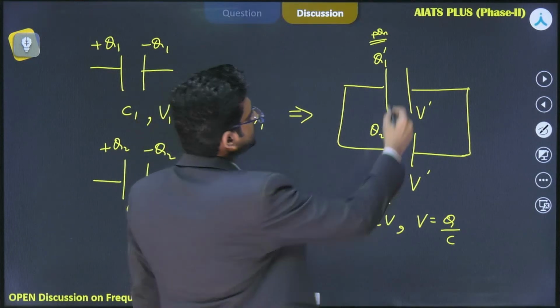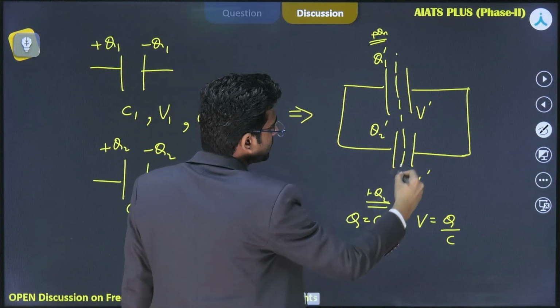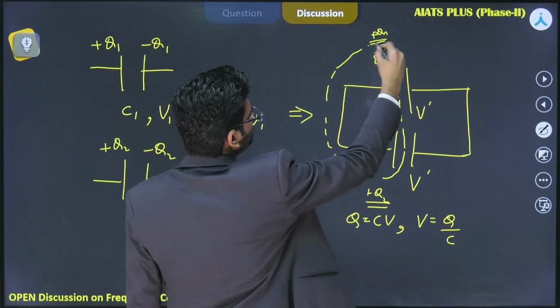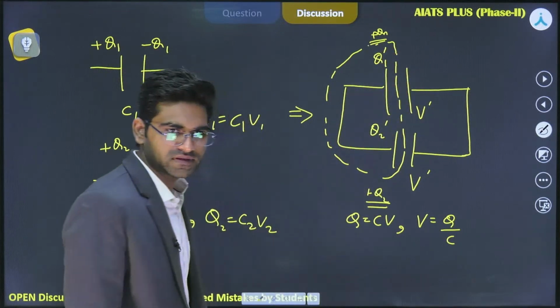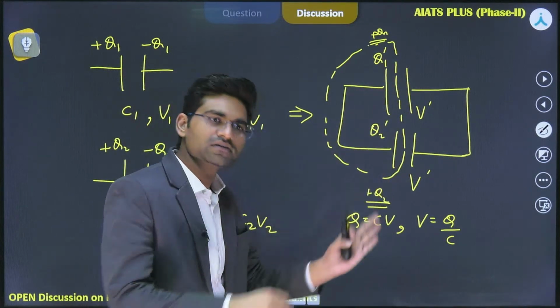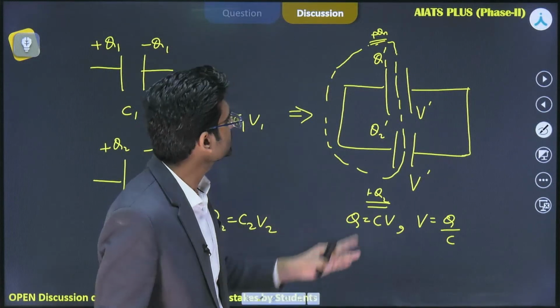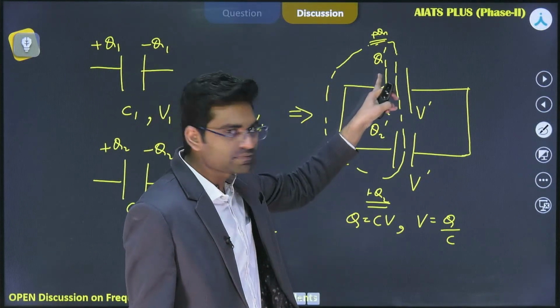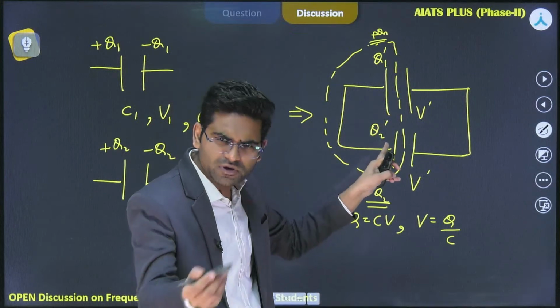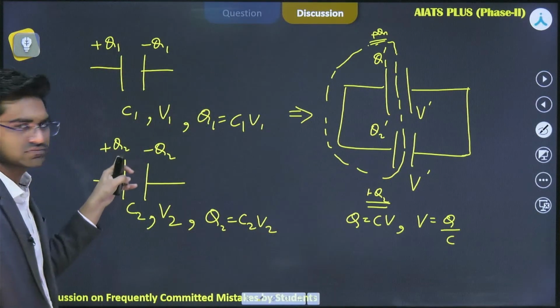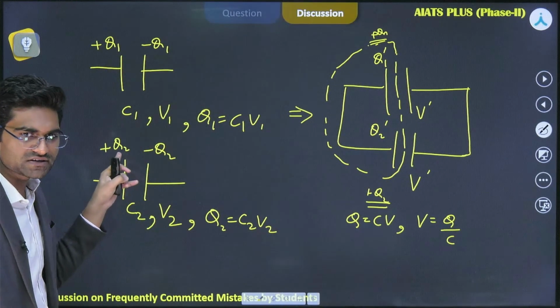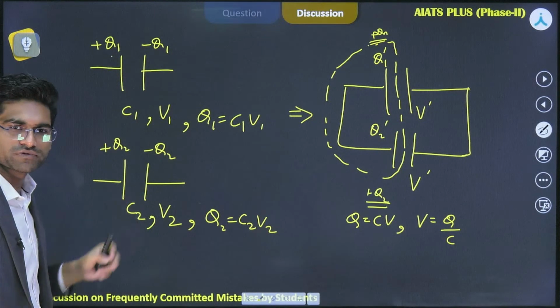So let's assume that this is a single plate of an equivalent capacitor. Okay, so the total charge will become Q1 prime plus Q2 prime, or Q1 plus Q2, because the charge will remain conserved, right?